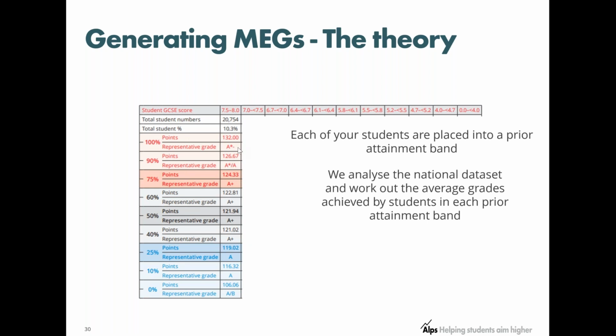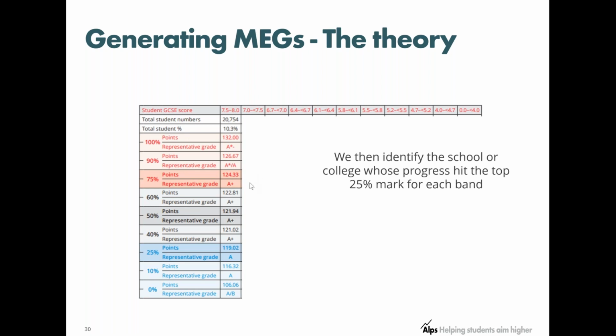So that's the difference between being a student in that banding category in the top provider in the country and the lowest provider in the country. The Alps aspiration is to ask what the provider at the 25% mark did. The top 25%, remember, is your aspiration. They got 124 UCAS points with that prior attainment category of student.